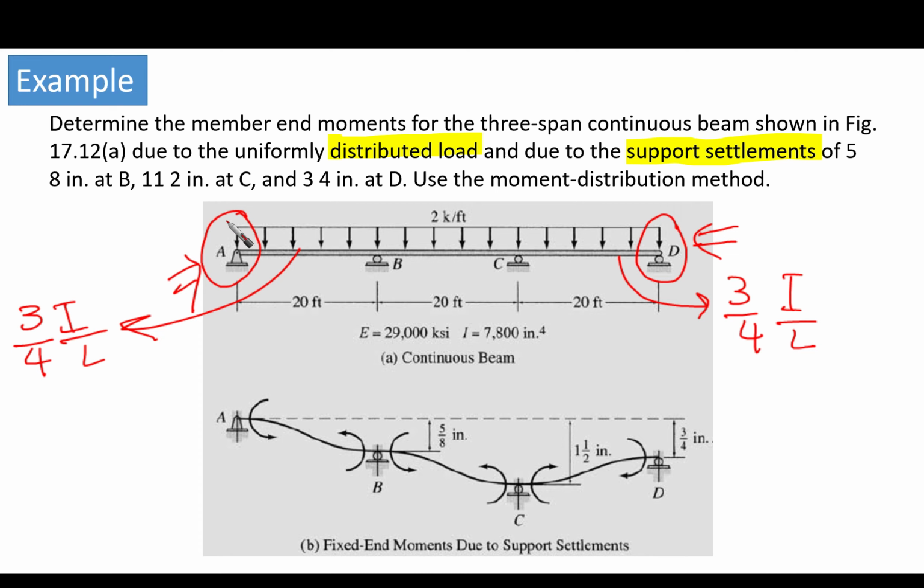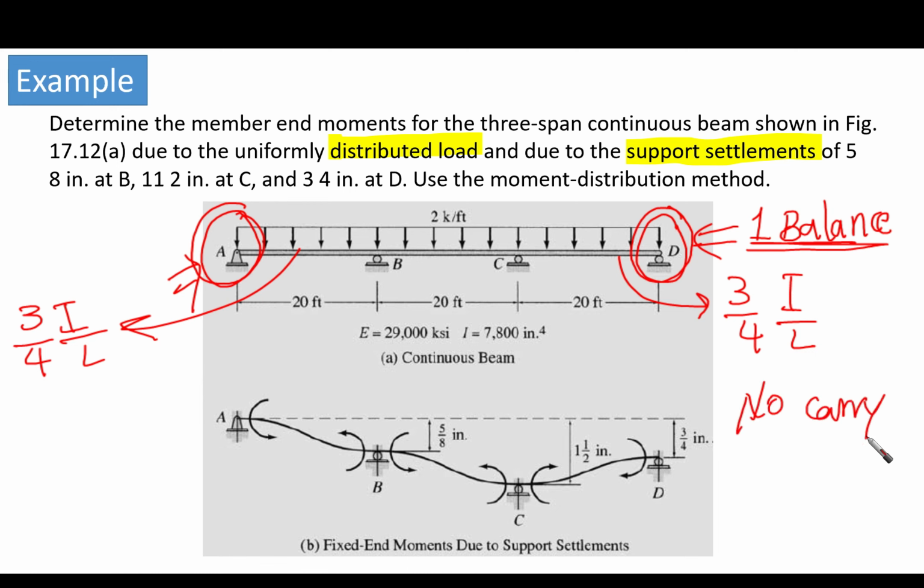Number two, the far end is simply supported, which means that we are going to make only one balancing, one balance only, and there is no carryover. No carryover.